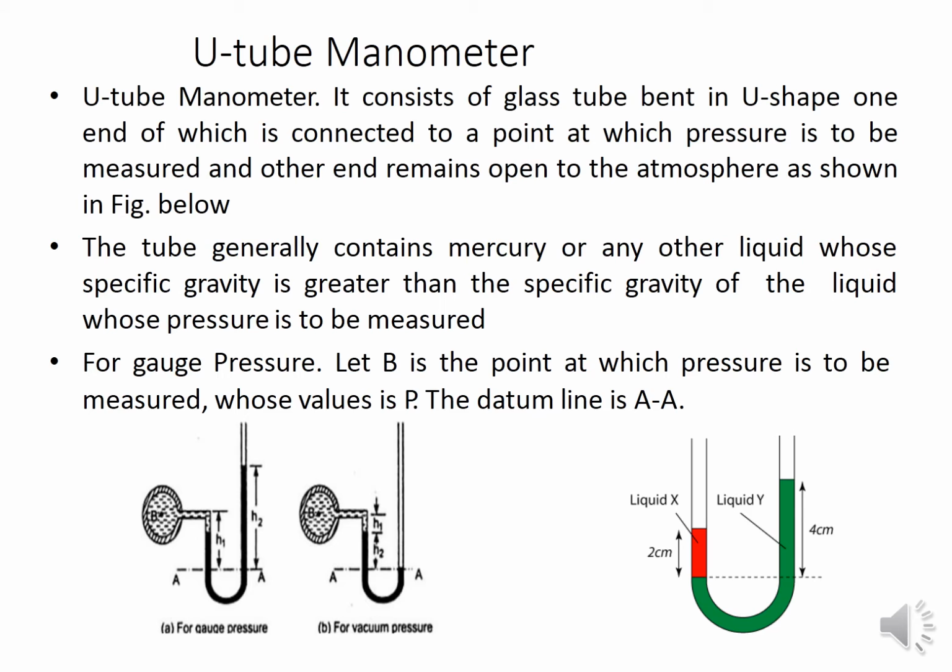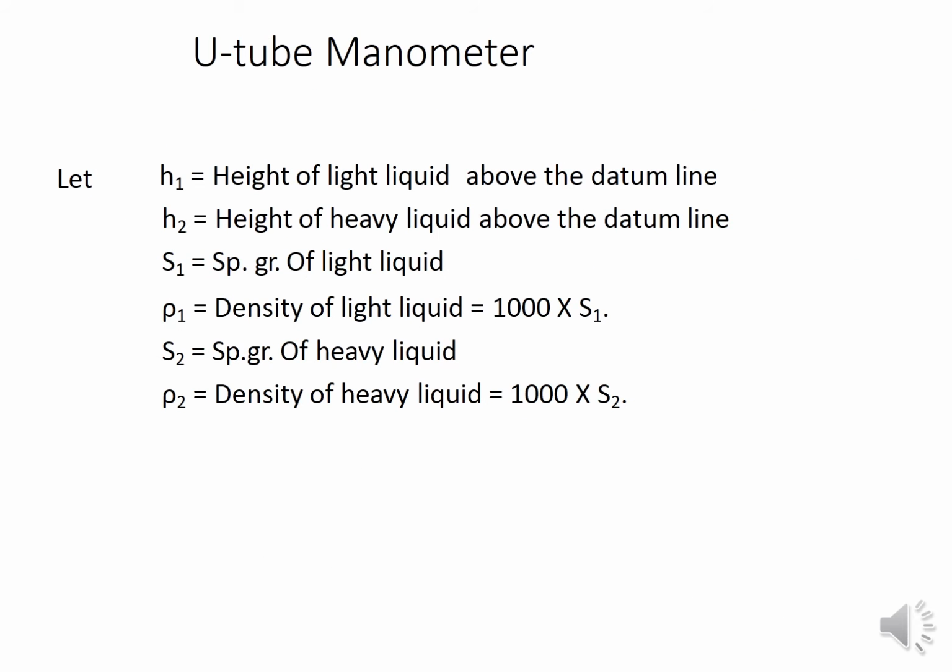So gauge pressure. Let B be the point at which the pressure is to be measured, whose value is P. The datum line is A. So these are the things you can note down. h1 is equal to height of the liquid above the datum line. h2 is height of heavy liquid above the datum line.